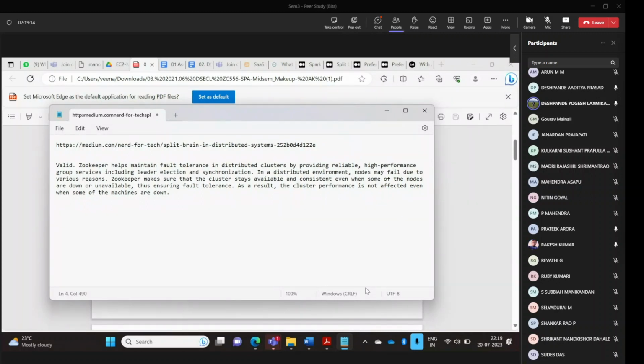Even the locking and synchronization, access control also. It provides a centralized configuration management system. So it holds all the different nodes together. We can say coordination among all the nodes.